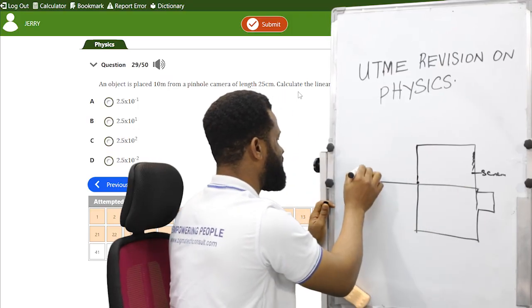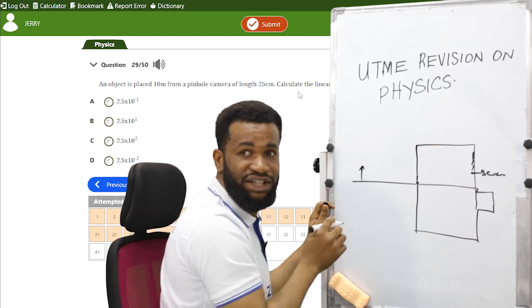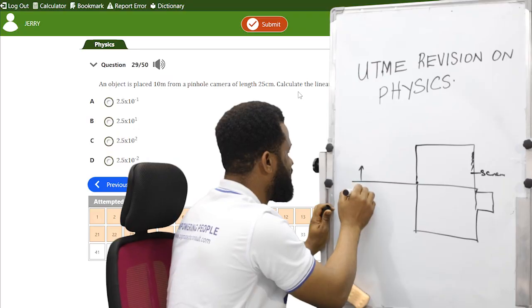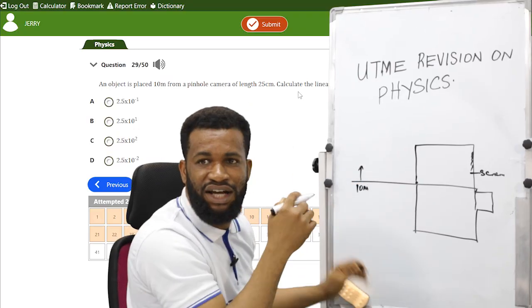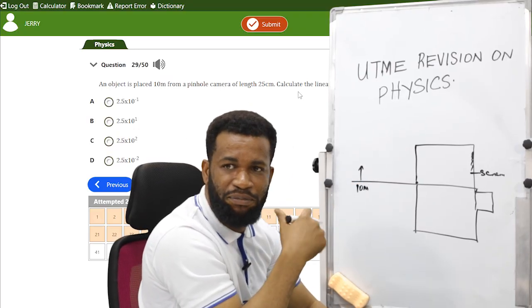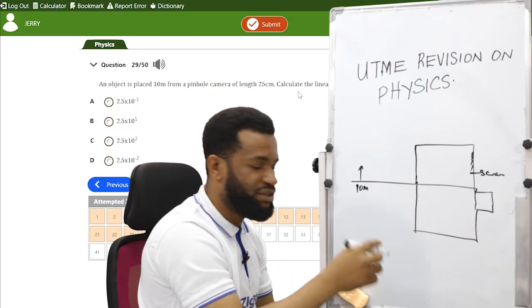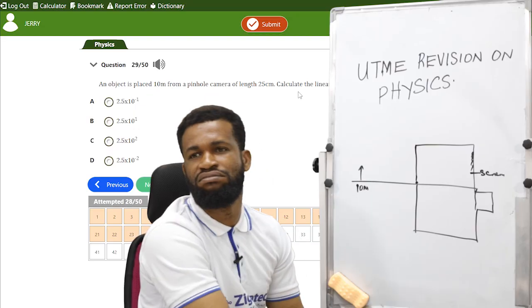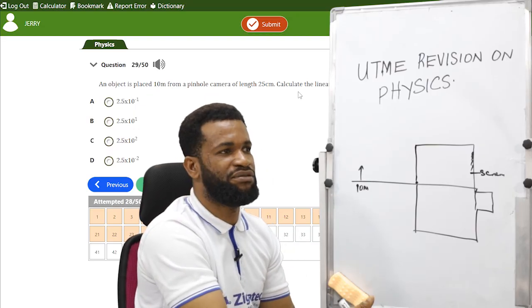Assuming I place the object here, which, according to this question, is 10 meters. Now they say a pinhole camera of length 25. The length is 25.